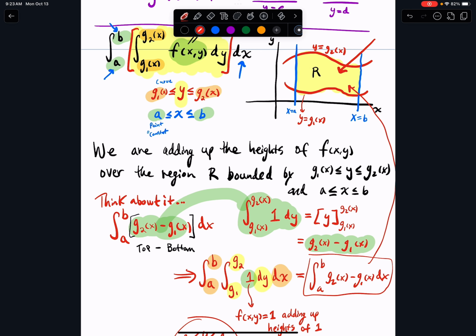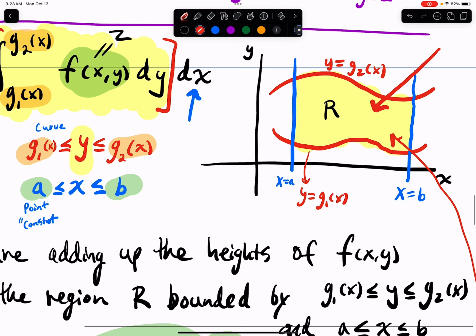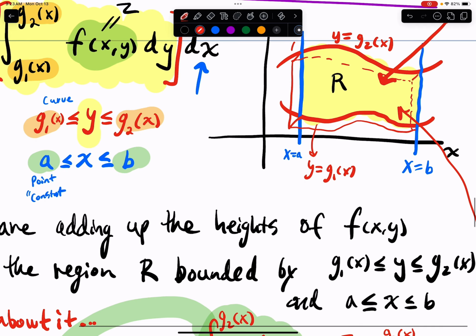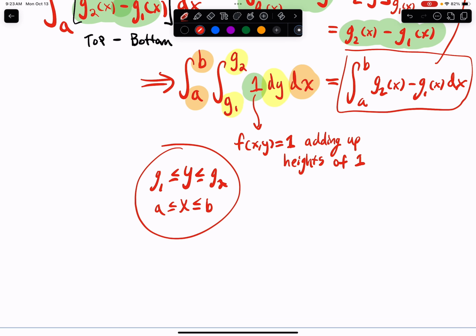So the area R, think of this in a three-dimensional picture. If this was volume, the height of 1, when you multiply by 1, doesn't change anything. So that area and that volume would be that same number, 1 unit thick.